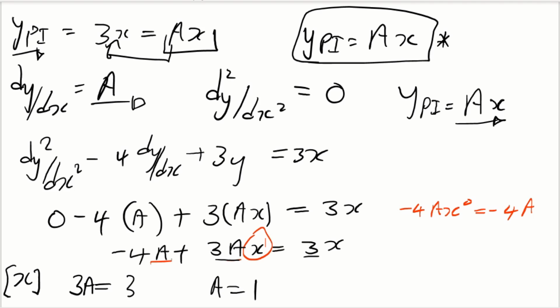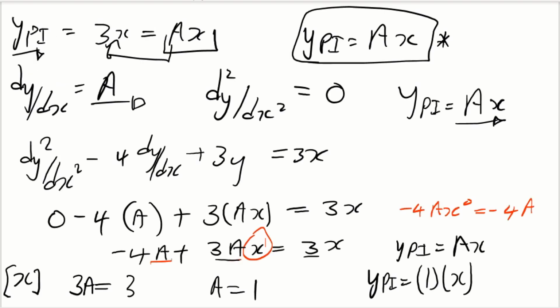So after finding the value of a, you're gonna go back to your original equation of PI and substitute that 1 there. So you're gonna get 1 multiplied by x, from ax. Okay, so after finding that equation, the next step is to combine your y_PI and your y_CF.